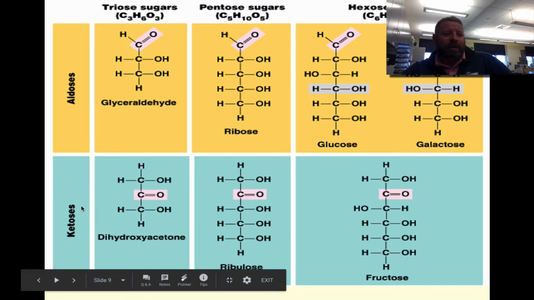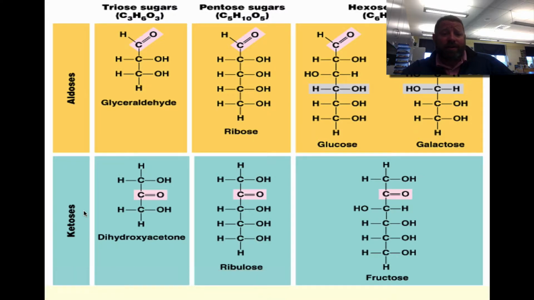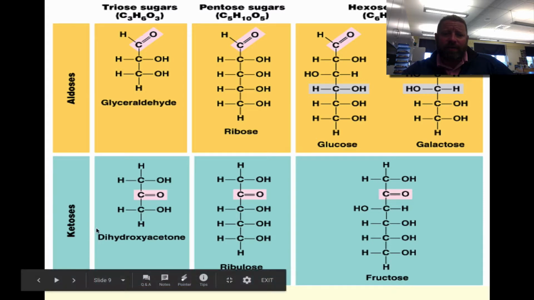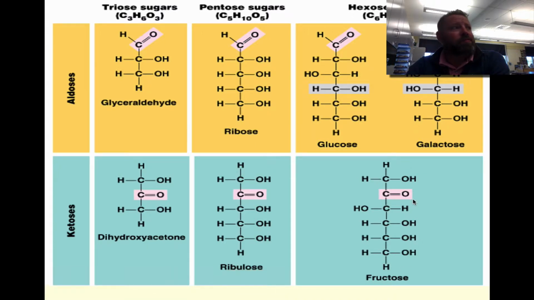Interesting as I sit here with this video, there's this whole new keto diet out there, and it talks about putting your body in ketosis. Ironically, I'm assuming fructose is probably the major component of many of the foods that people are worried about eating. If you go to the grocery store, high fructose corn syrup is in a lot of the foods that we eat. It's a derivative from corn plants.